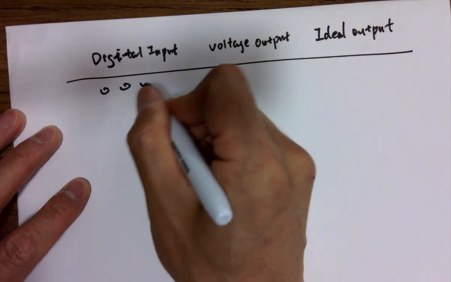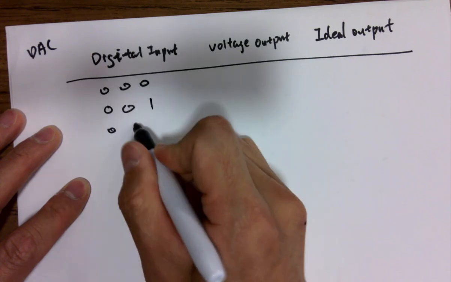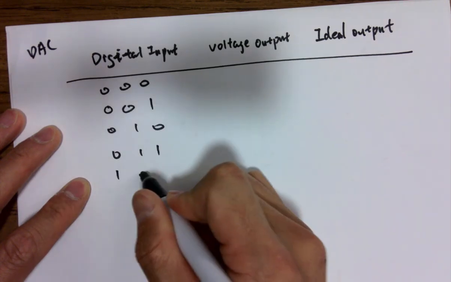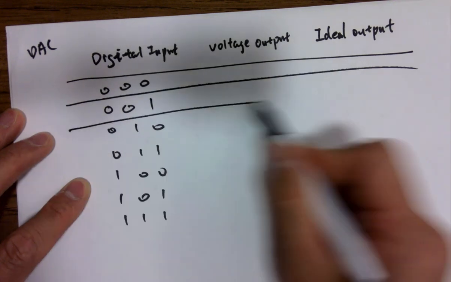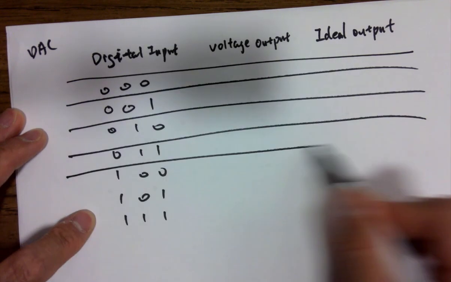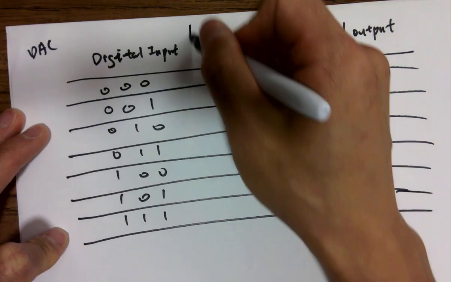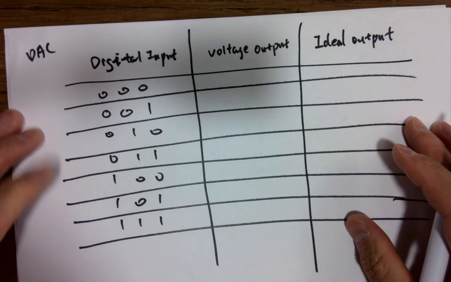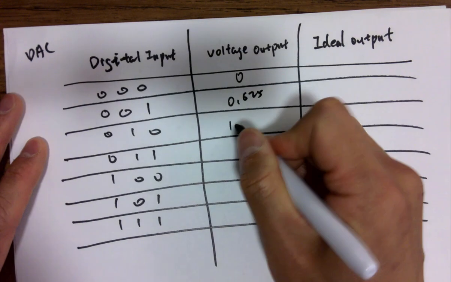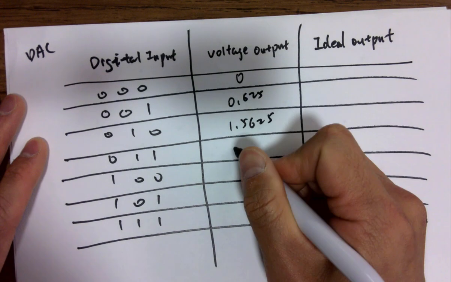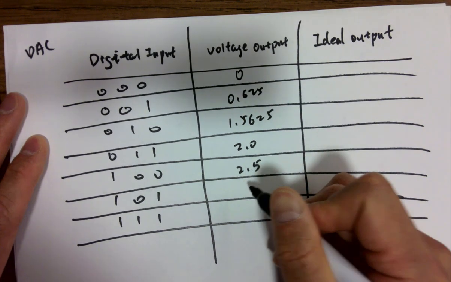Zero, zero, zero, definitely that's a DAC, right? 000, 001, 010, 011, 100, 101, 110, 111. Then the outputs: 0, 0.625, 1.5625, 2.0, 2.5. Am I missing a digit?